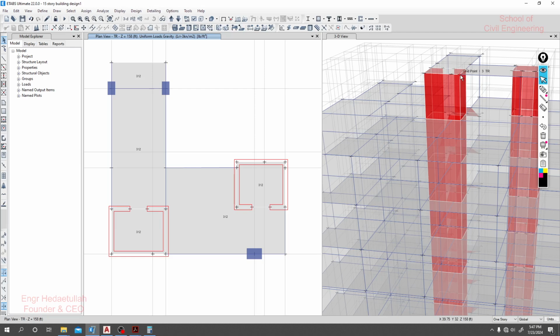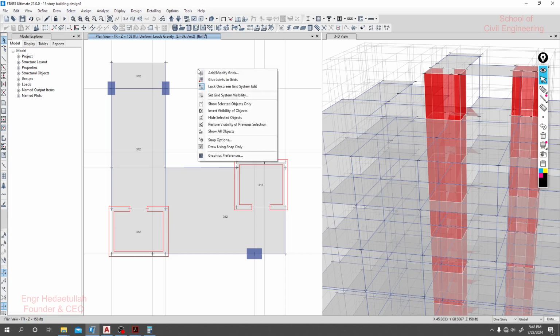That means 10 feet height. And here above 4 feet, I will place our slab for the meshing room. So 148 plus 4 equals 152.